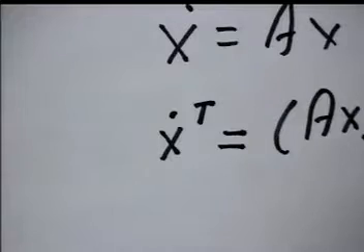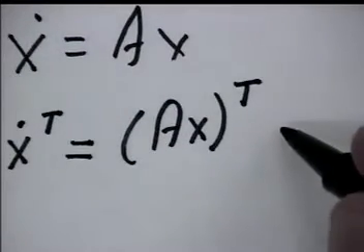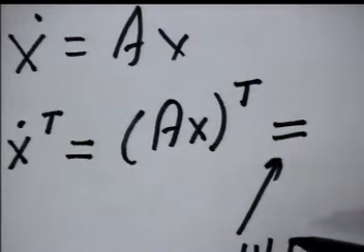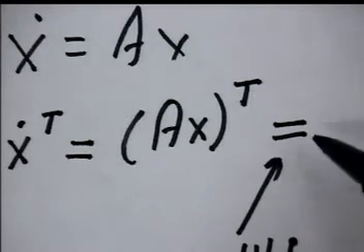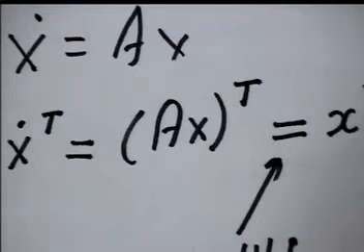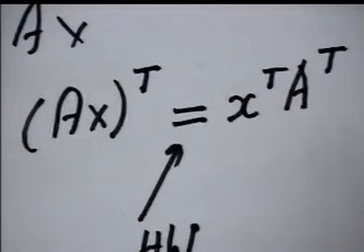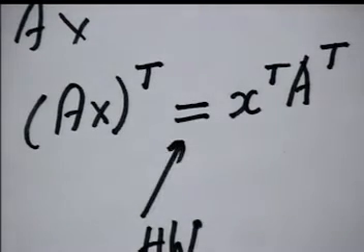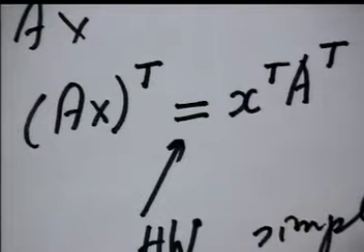Now, one can prove, why don't you write down that this is a homework, but it is a very trivial homework, that that is actually x transpose A transpose. If you are transposing a product of matrices, then the transpose of the product equals the product of the transposes in reverse order. That is a simple exercise.